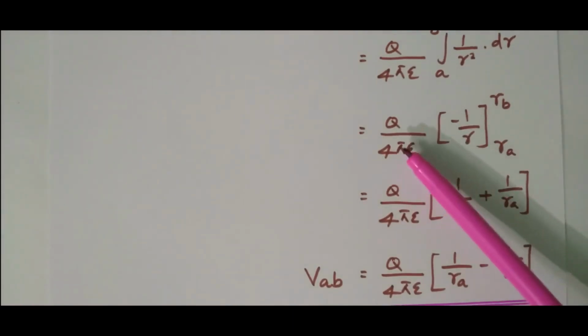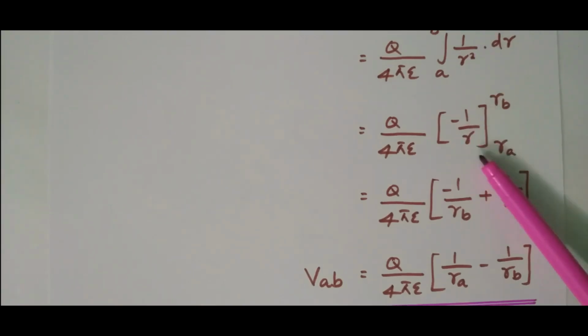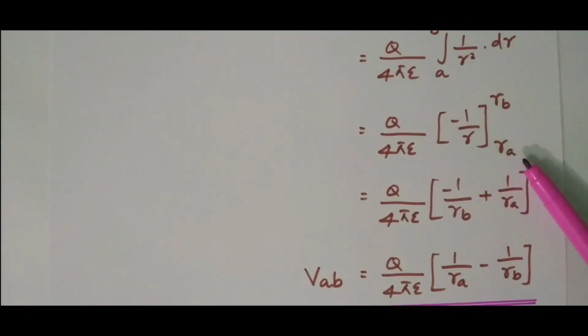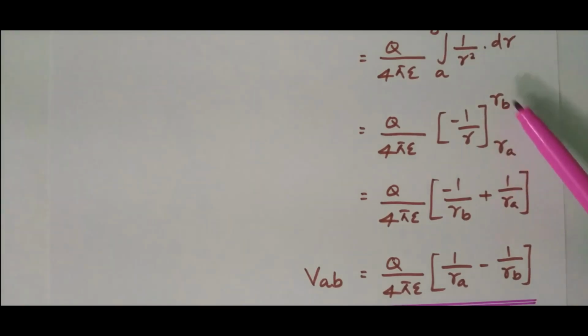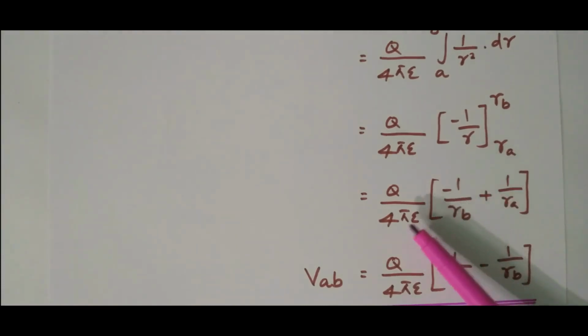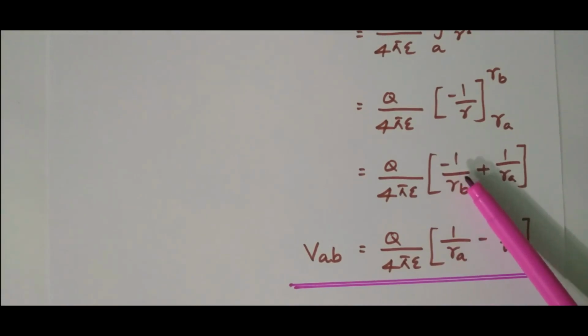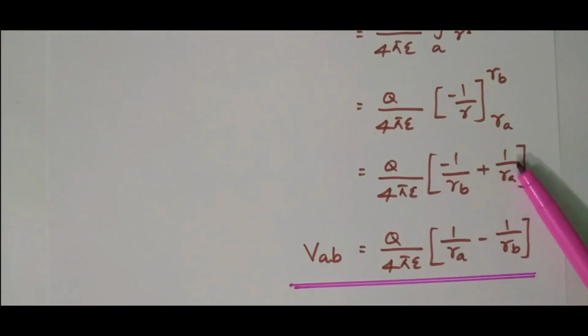So q divided by 4 pi epsilon, the integral 1 by r square is minus 1 by r. Now what is the limit? Ra to Rb, because point A to point B, that is clearly given, so we are taking Ra, Rb. Now substitute the limit: q divided by 4 pi epsilon, minus 1 by Rb plus 1 by Ra, right?